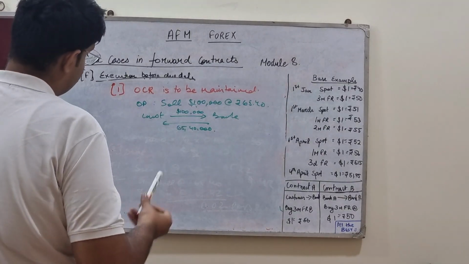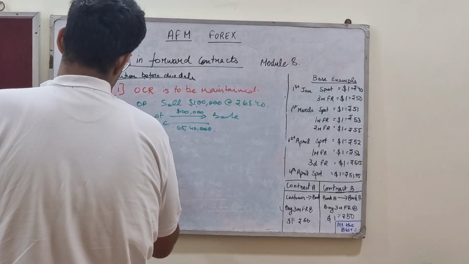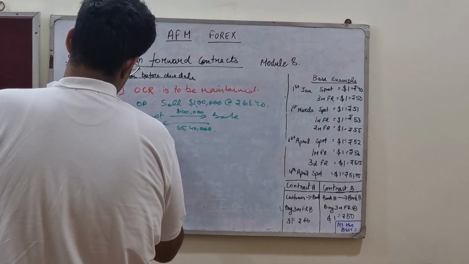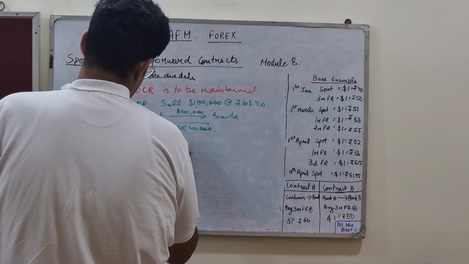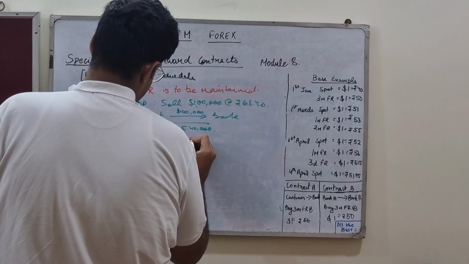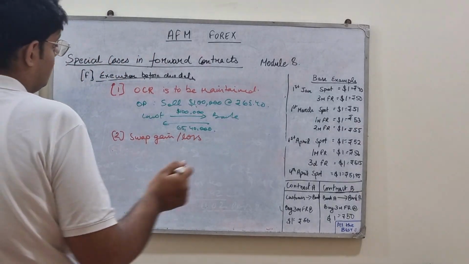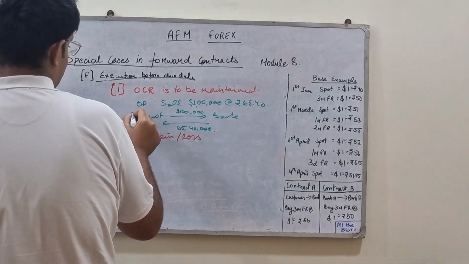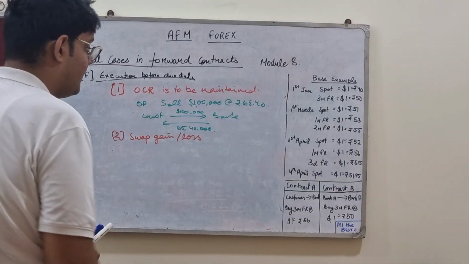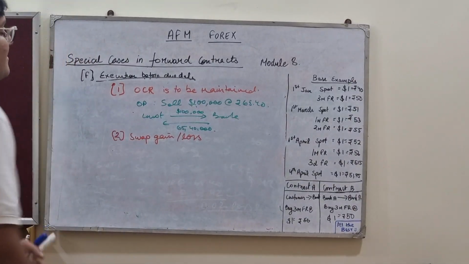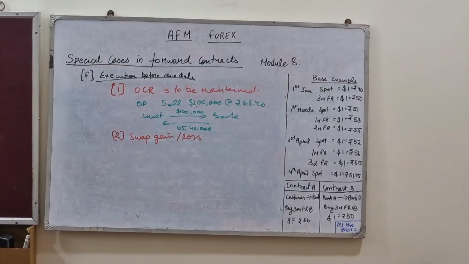Now, the second one would be swap gain / loss. In order to facilitate this transaction, the bank needs to sell $100,000 ahead.